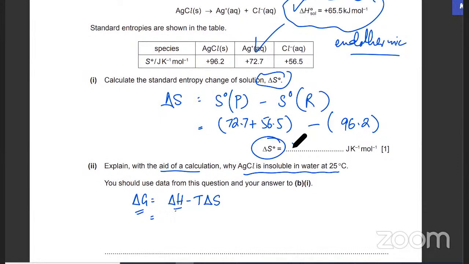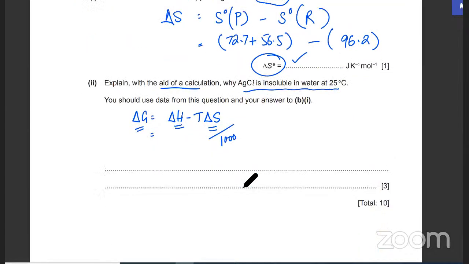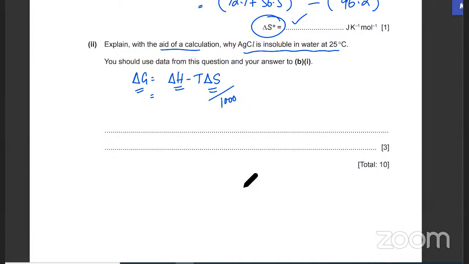Yes. And be careful to make sure the units are right. Delta S is in joules and delta H is in kilojoules. Delta G is usually in kilojoules, so divide delta S by 1000. Delta G would come out to be a positive value, and then you're going to say it's unfeasible.